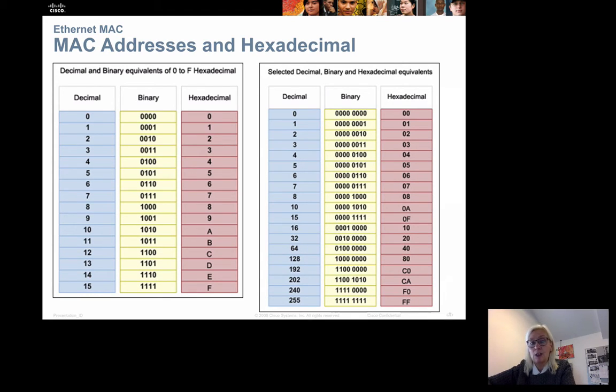So we have 16 digits altogether, from 0 to 9, and then we use the letters A, B, C, D, E, and F. The connection between hexadecimal and binary numbers is that four binary digits equal one hexadecimal digit. So instead of writing 4 zeros and ones, we can just write one hexadecimal digit instead. And we will learn how to convert from hexadecimal to binary numbers.